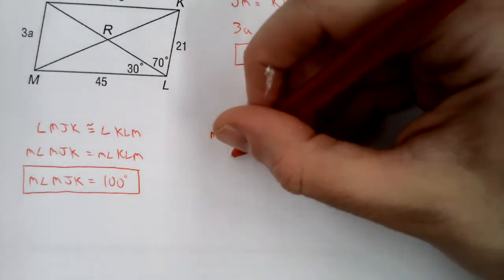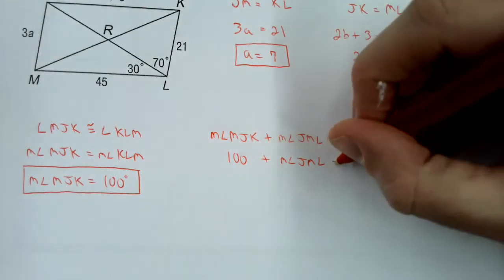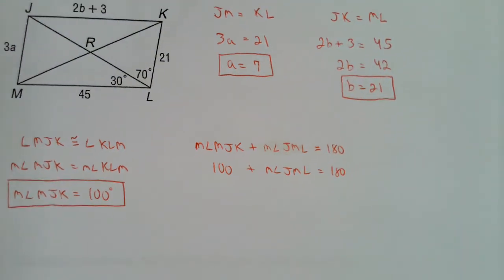So I'm going to do 100 because we just got that, plus the measure of angle JML equals 180. So the measure of angle JML equals 80.